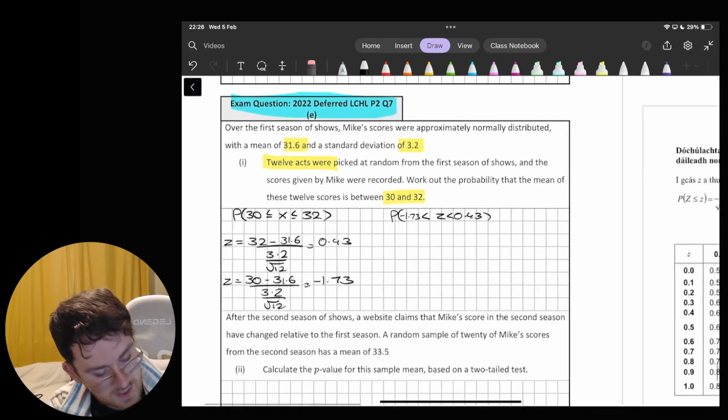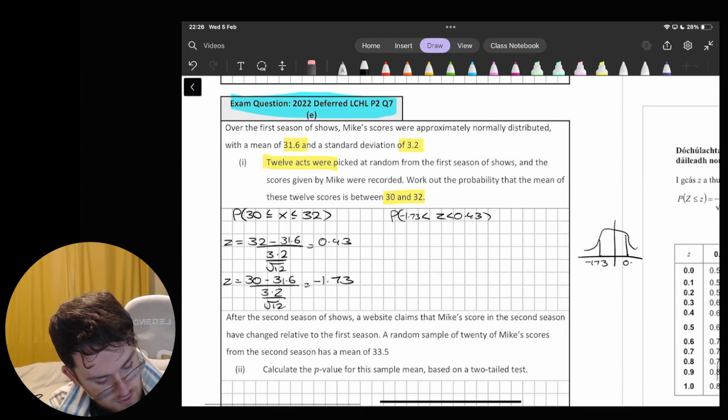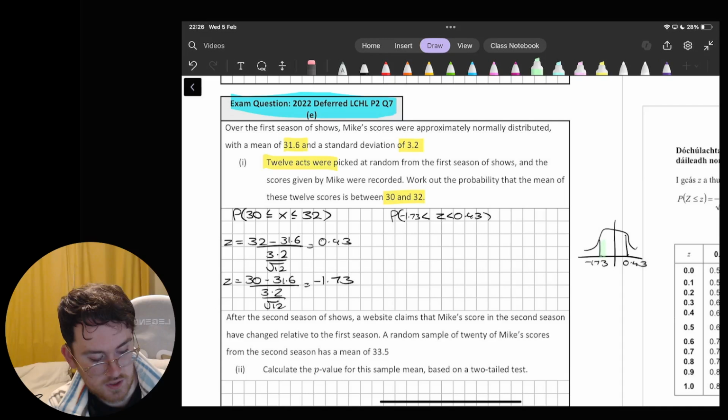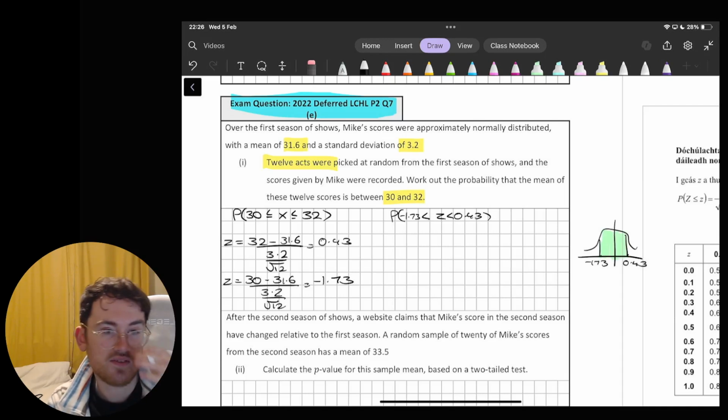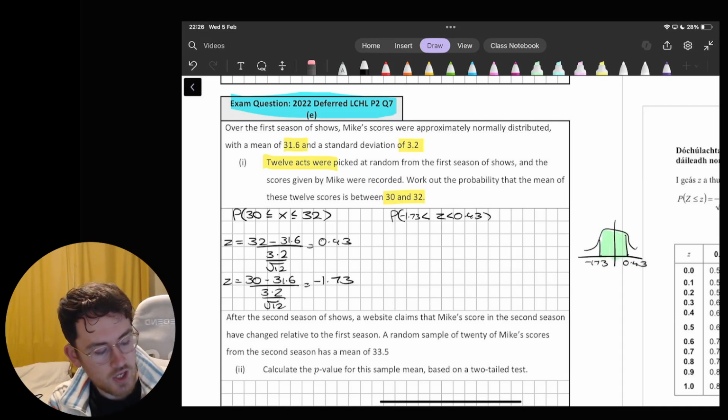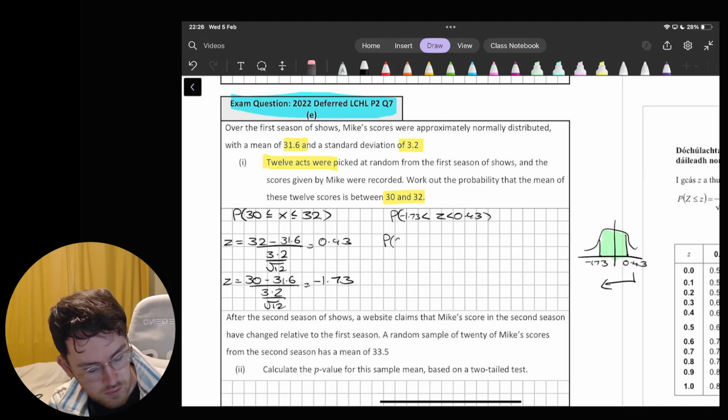Okay, in terms of a little diagram maybe to help us here, there's basically two values, 1.73 here, 0.43 here, and we are looking between those two regions then. That's what we're looking for here. Okay, so to me that says I need everything below 0.43.